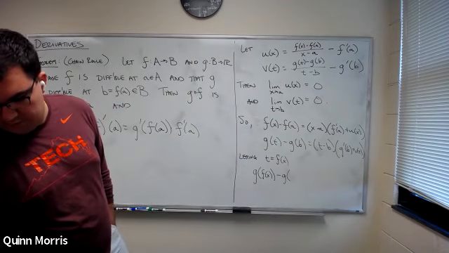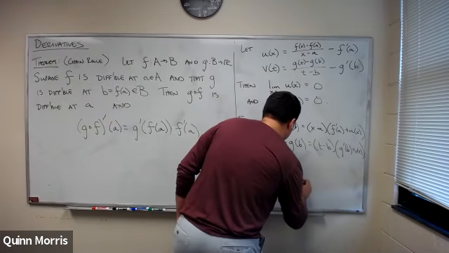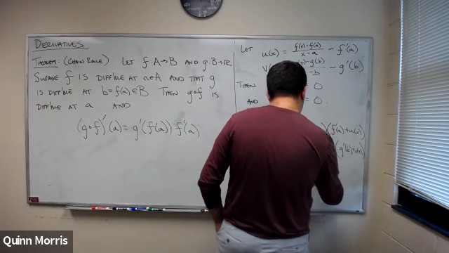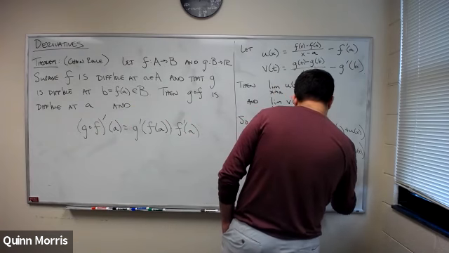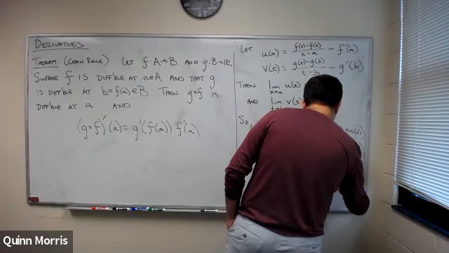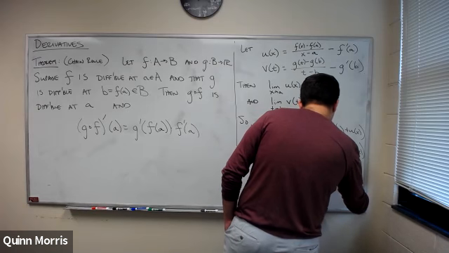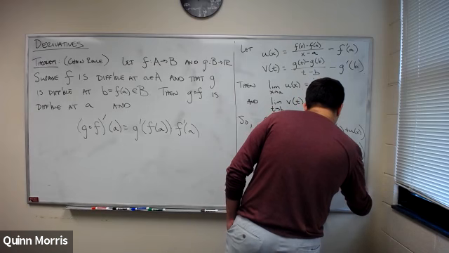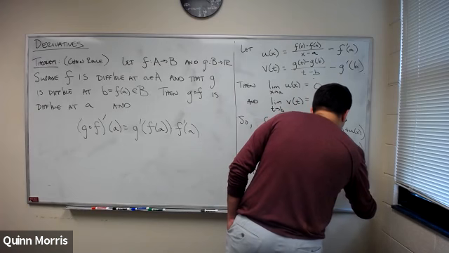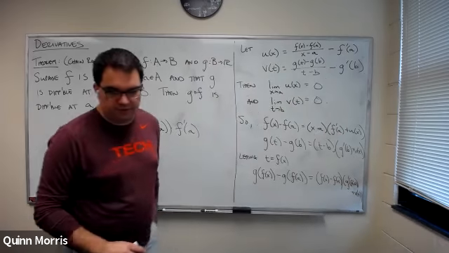But what is b? b is just f of a. This is equal to, t is f of x, f of x minus f of a, times g prime of f of a plus v of t.